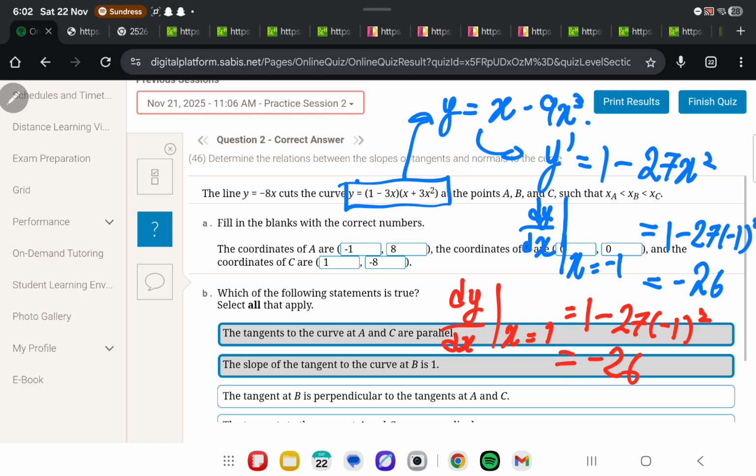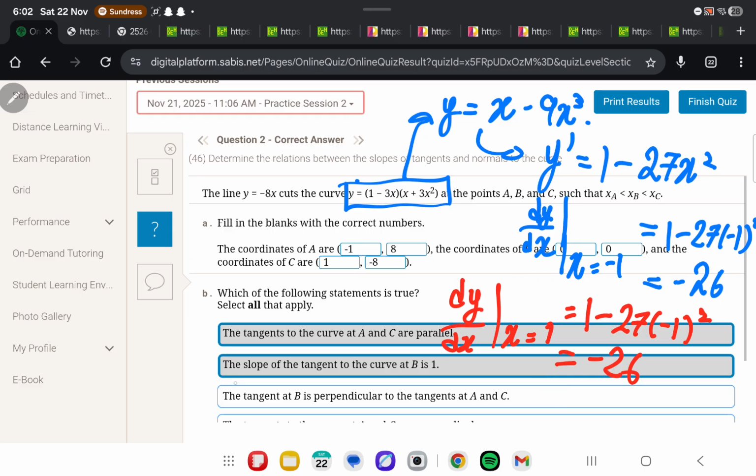How do you know that they're parallel? Their derivatives have to have the same value. The slope, their gradient, has to be the same, because remember the definition of parallel lines: they have different y-intercepts, but more importantly they have the same slope. In our case, negative 26, negative 26, they have the same slope, so they're parallel.